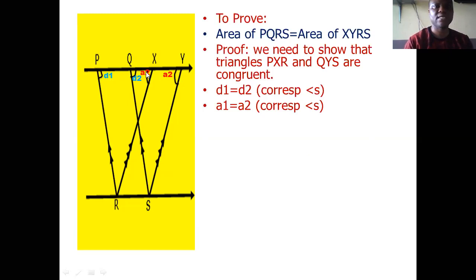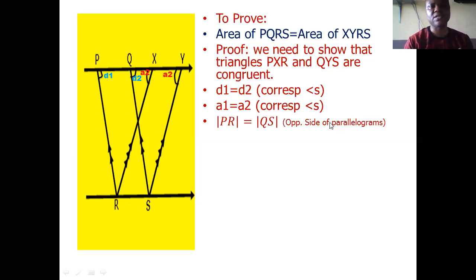Don't mind this, it is a mistake. This is A1. Next is side PX is equal to QY. The reason is the opposite sides of parallelograms are always what? Equal. Opposite sides of a parallelogram are equal.